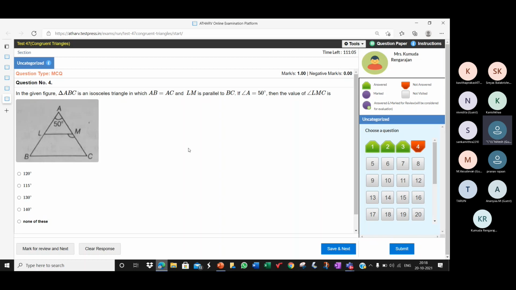I got 115, ma'am. Okay, somebody says 130, Hitesh says 115. Now this is an isosceles triangle, AB is equal to AC.